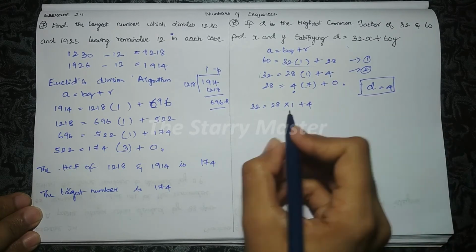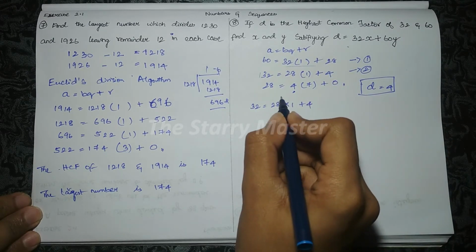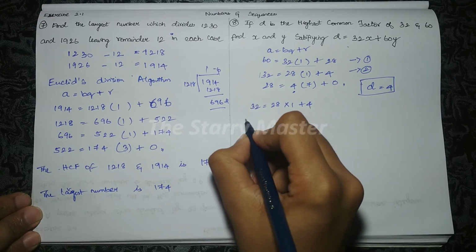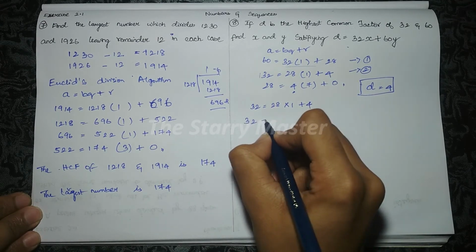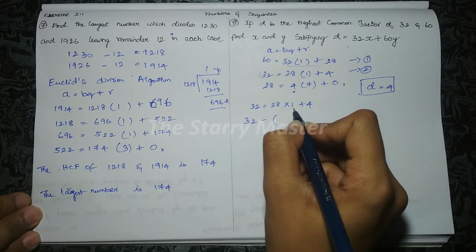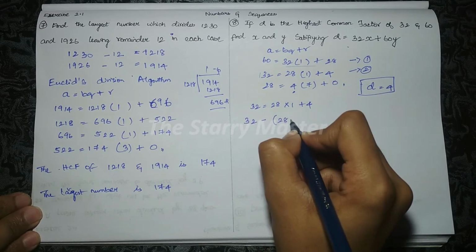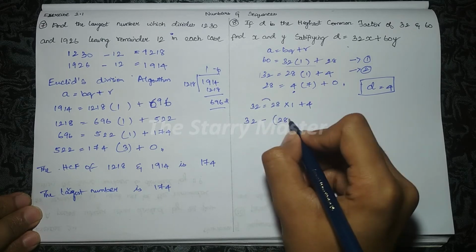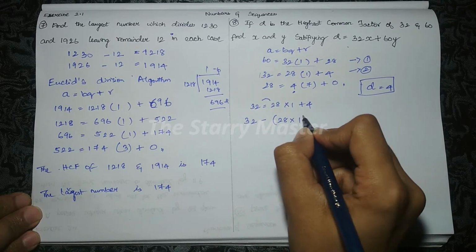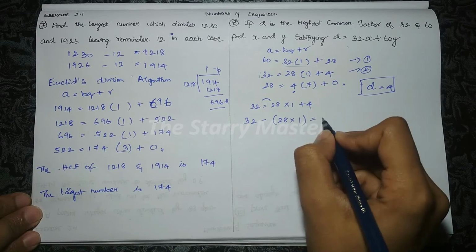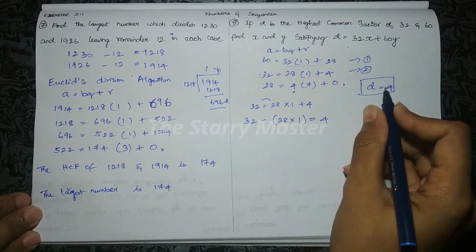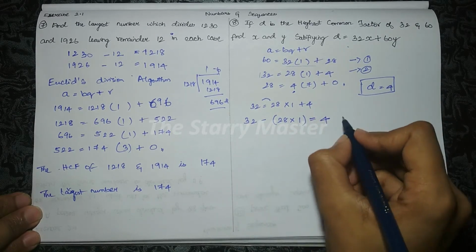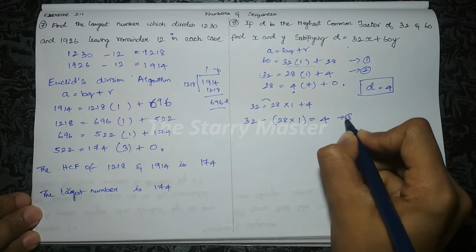The 4 remains there, we take this to this side. 32 minus 28, which is in plus symbol, when it comes here we get minus, into 1 equals 4. Let's take this as equation 3.